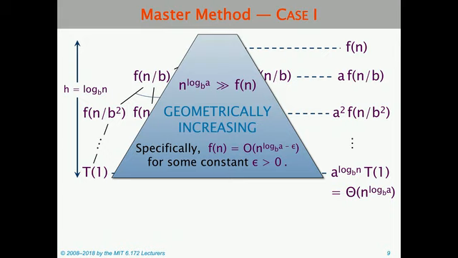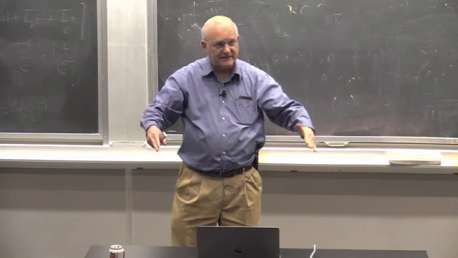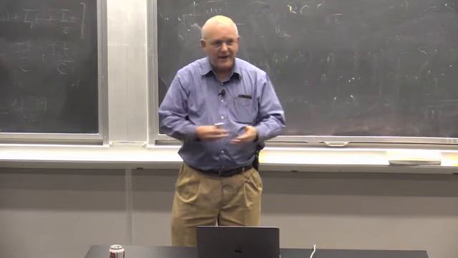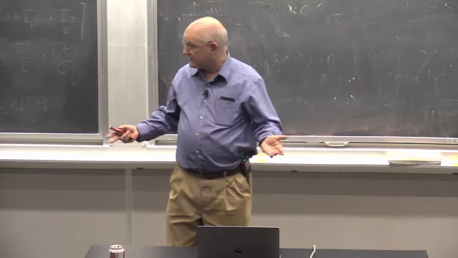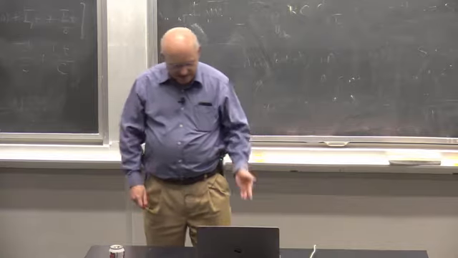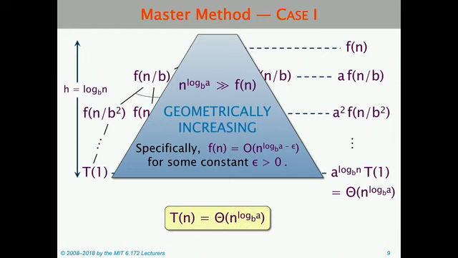In that case, this is geometrically increasing, and so a constant fraction of the weight is in the leaves. So the answer is T of n is n to the log base b of a: if n to the log base b of a is bigger than f of n by a polynomial amount, that is the answer.